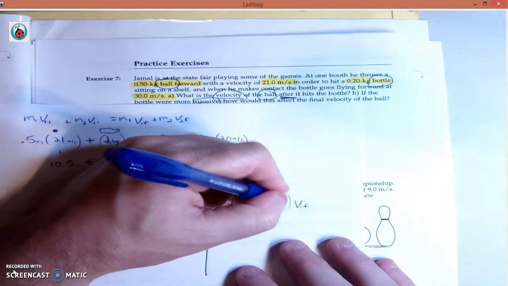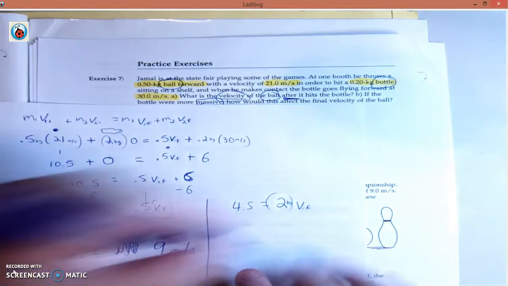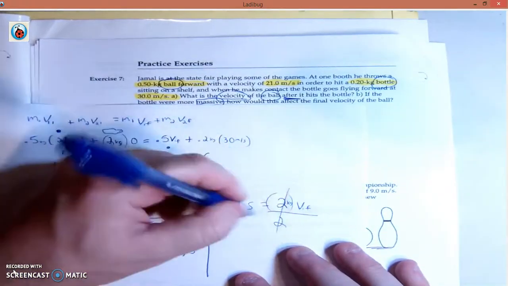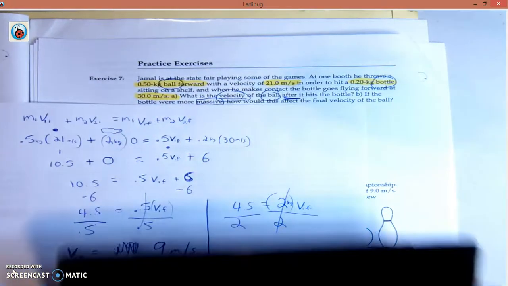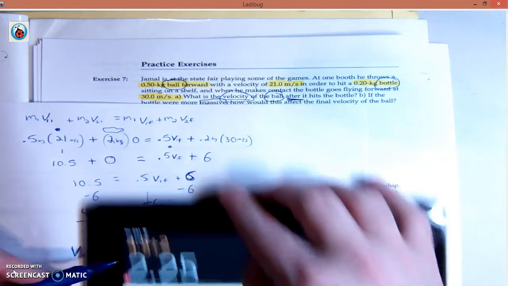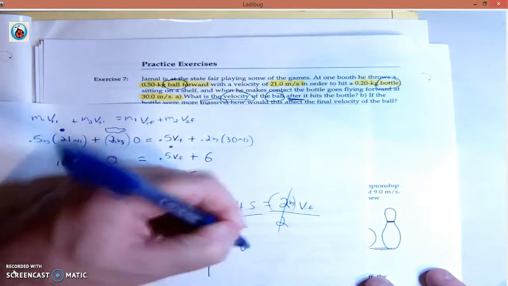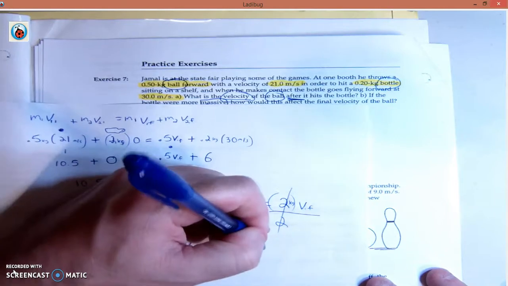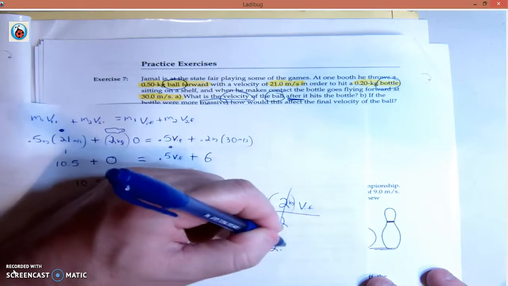Then we got to divide by 2. So that's 4.5 divided by 2 now in our alternative dimension, right? So now it's 2.25. So now we'd be saying the final velocity of the ball equals 2.25.